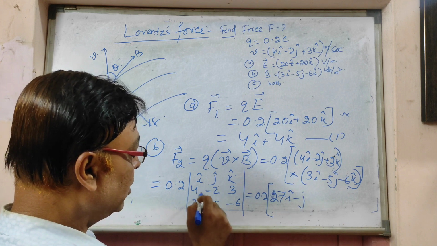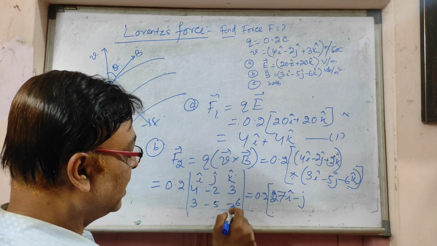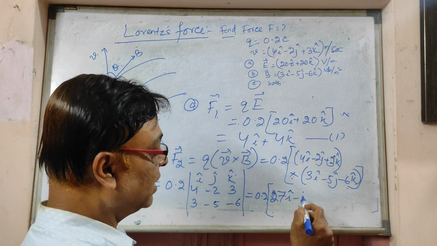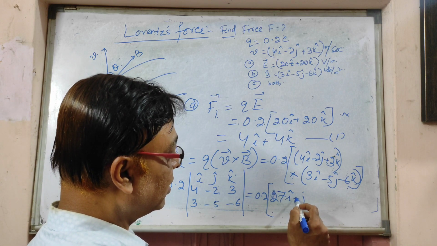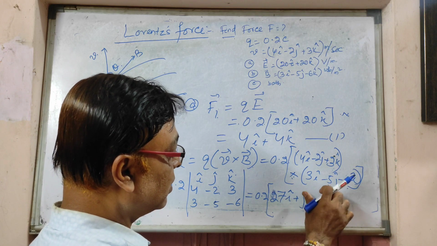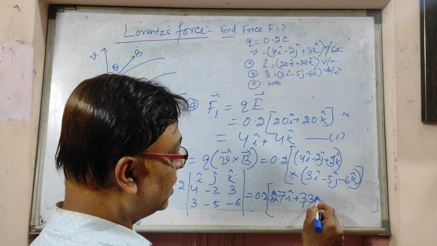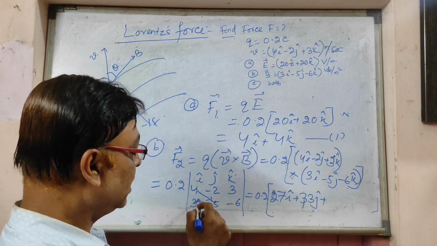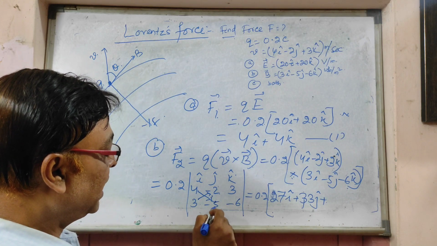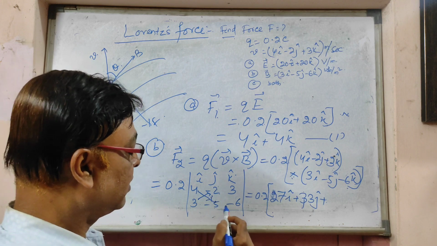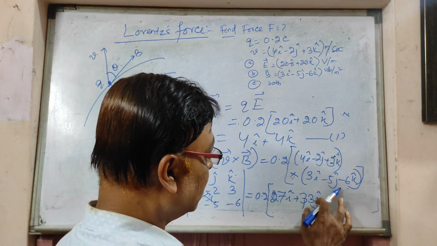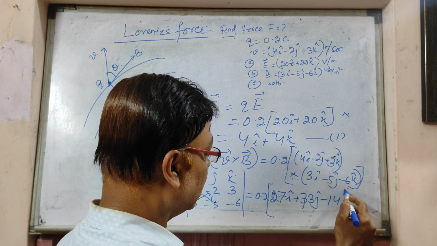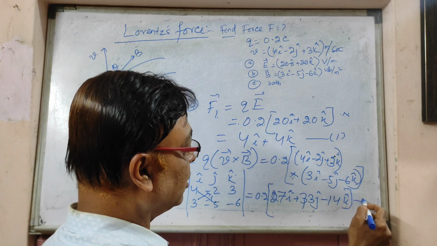Minus J times, multiplying, minus 24 minus 9, which is minus 33, so it will be plus 33J. Similarly, plus K times minus 20 plus 6, which is minus 14. So you can find this one.